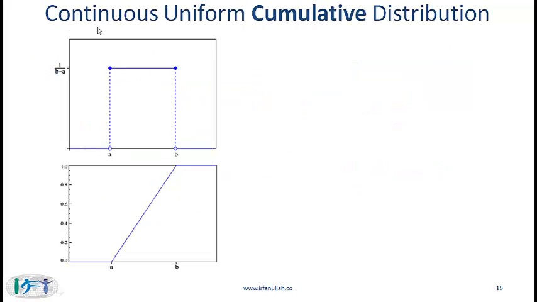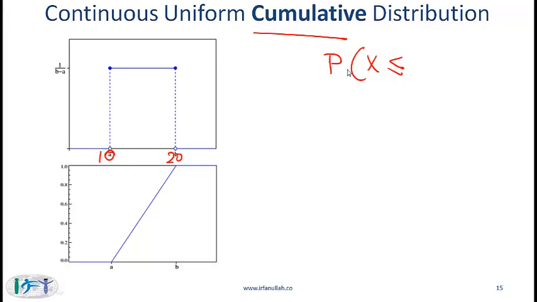We are still on the continuous uniform distribution, but now we will look at a cumulative distribution. If you recall from our earlier discussion, when we say cumulative, we are essentially saying the probability of a random variable being less than or equal to a certain number. If we continue with the example we just talked about, we are going from 10 to 20.